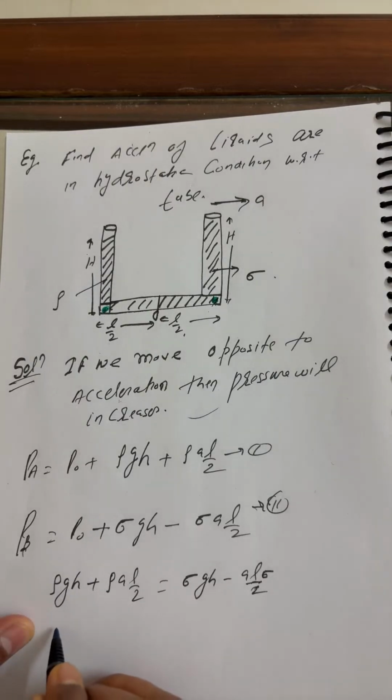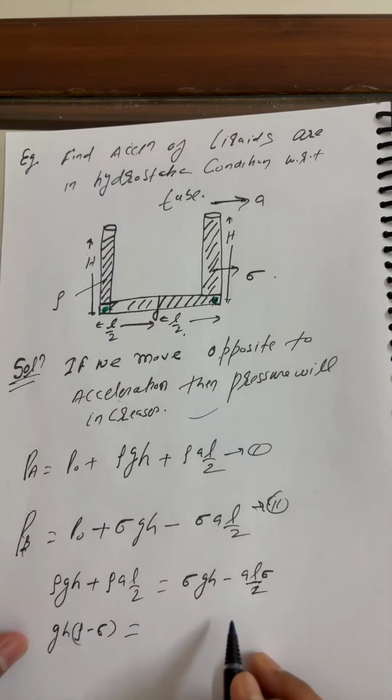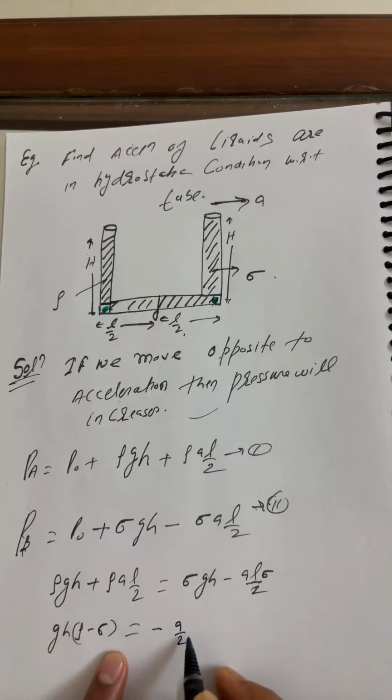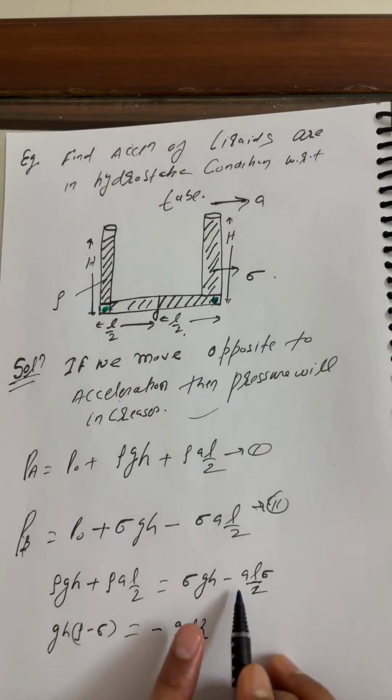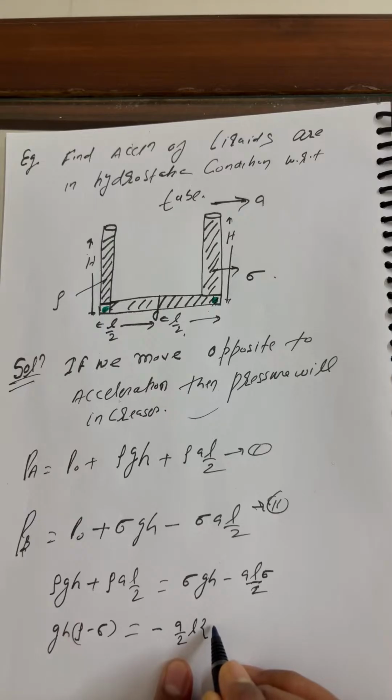So gh you can take common. This is rho minus sigma is equal to, A by 2L will come to this side, and minus common, so it is rho plus sigma.